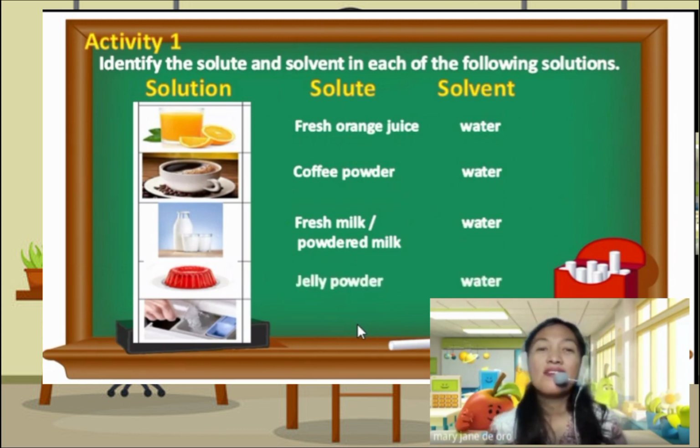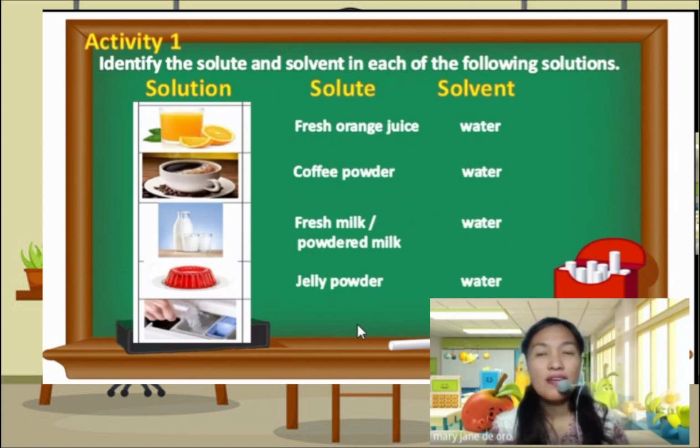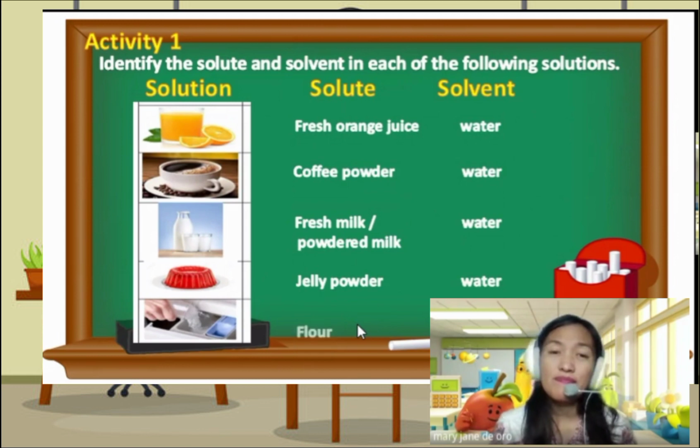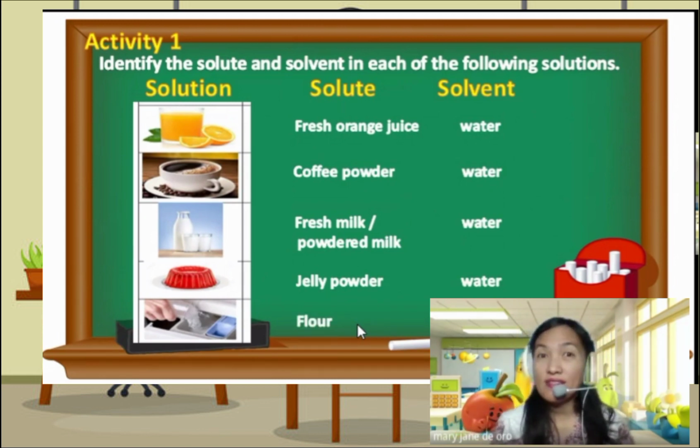Next, for the solute, we have the jelly powder, and solvent, we have the water. And for the last one, we have the flour as the solute and water as the solvent. As you have noticed, water is the universal solvent.